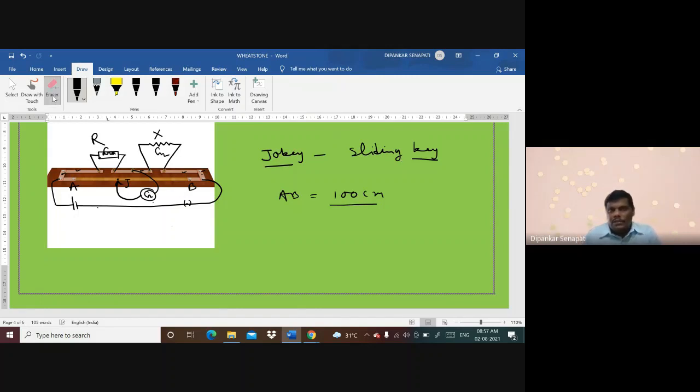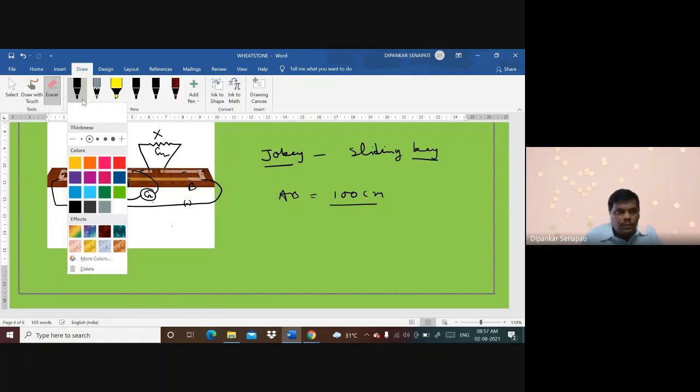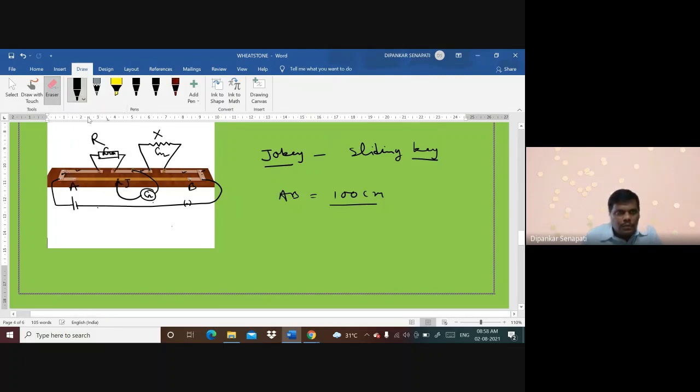You see, let me name this point C, and A, B, and this is J. From A to C there is a resistance, which is R, taken from the resistance box.